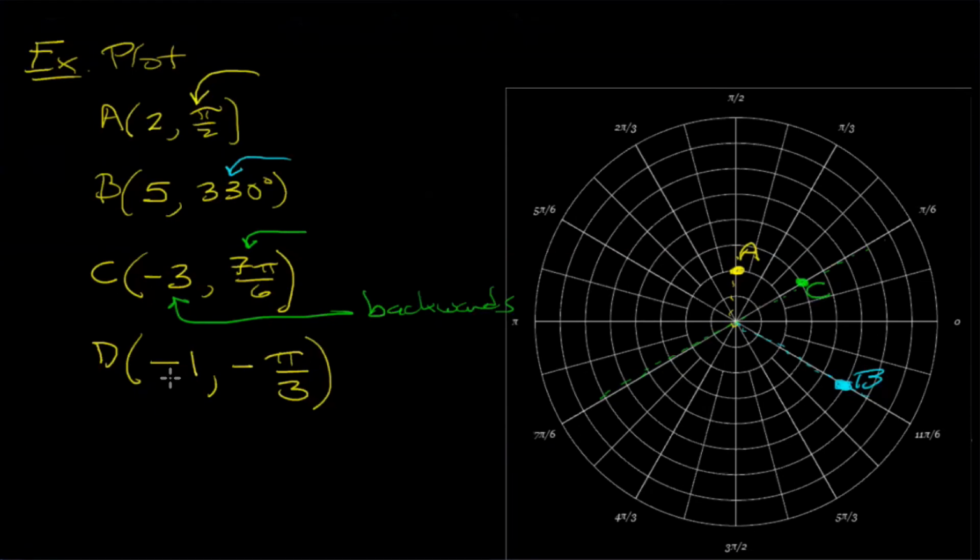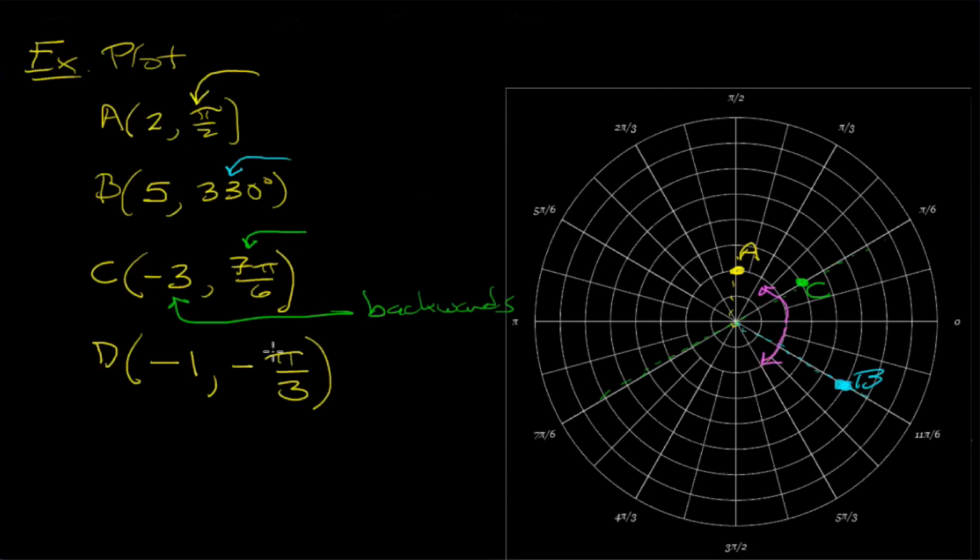So if we go to point D, first start with the angle. Negative pi over 3 is going to be the opposite direction from positive pi over 3. So positive pi over 3 would be like that. Negative pi over 3 means going the same angle but backwards, so rotating the opposite direction.